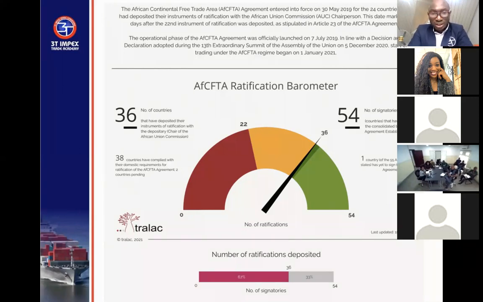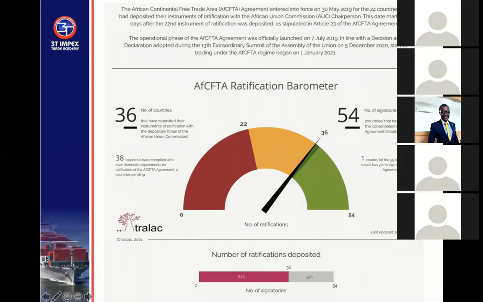But guess what? 36 countries have ratified and deposited their ratification instrument. So we are far beyond what is expected in terms of just 22 countries. Now we have much more countries.